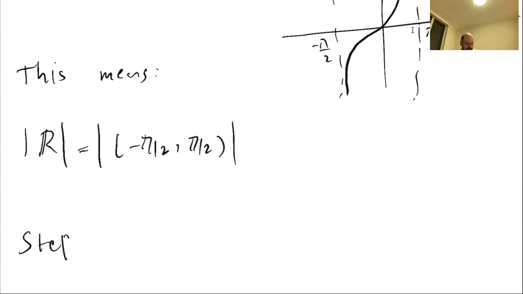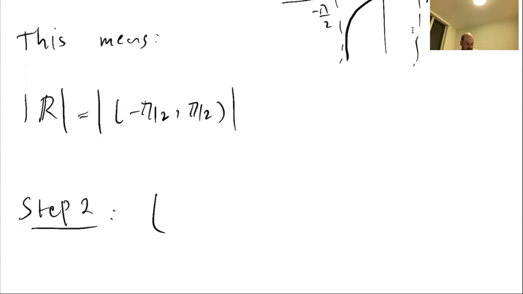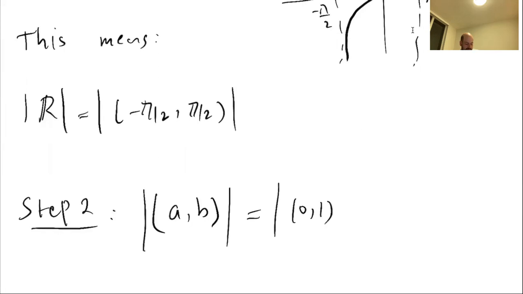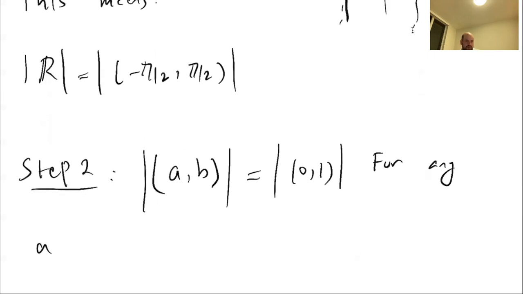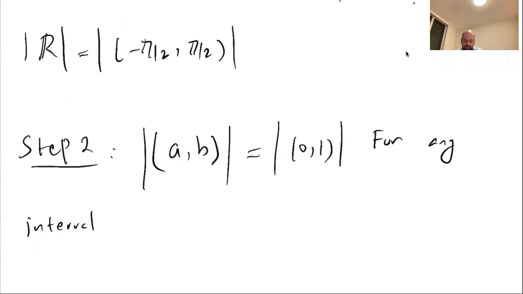And step 2: the cardinality of, let's say, A and B is the same as the cardinality of 0 and 1, for any interval of the form A and B with A less than B.